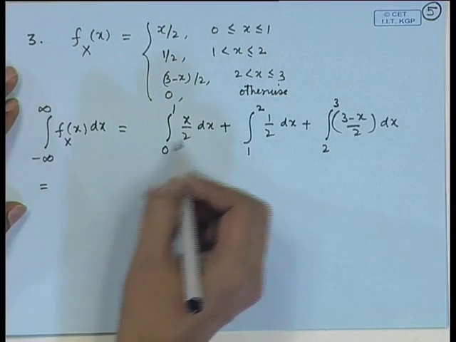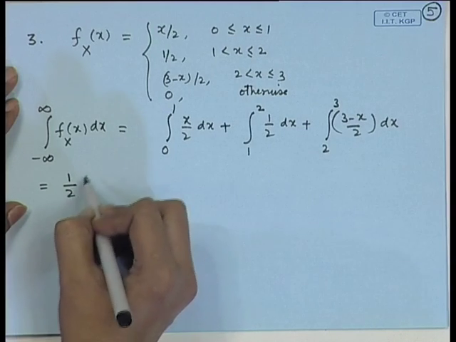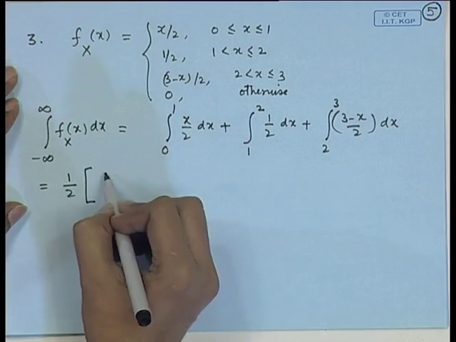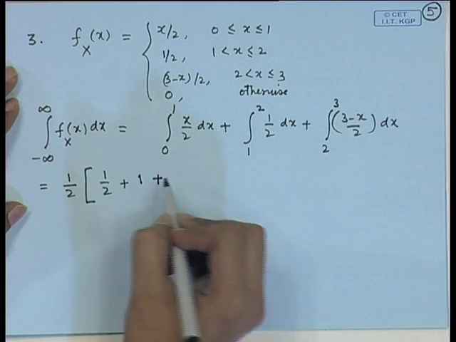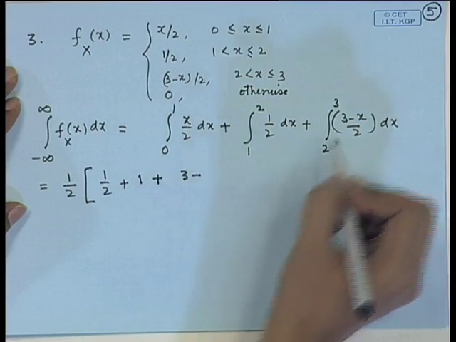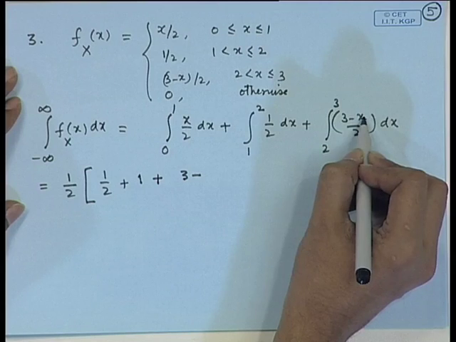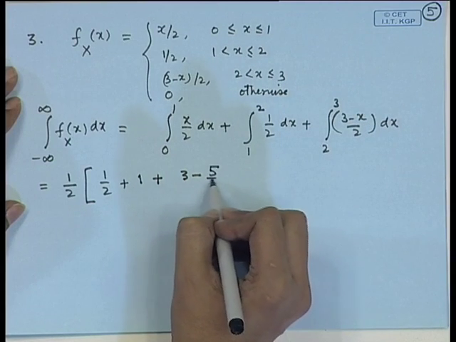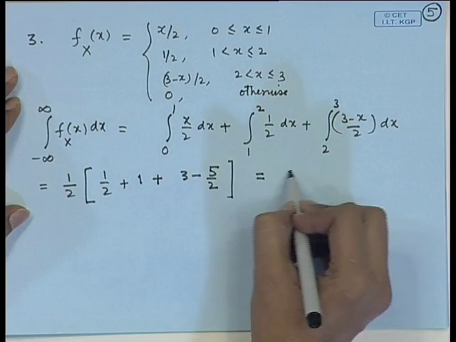If you integrate each of these terms, half can be kept outside, then you will get half plus 1 plus 3 minus x square by 2. So, it becomes 9 minus 4, that is 5 by 2. So, clearly this is equal to 1.